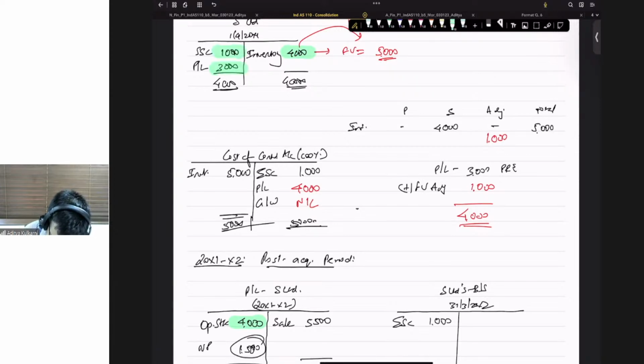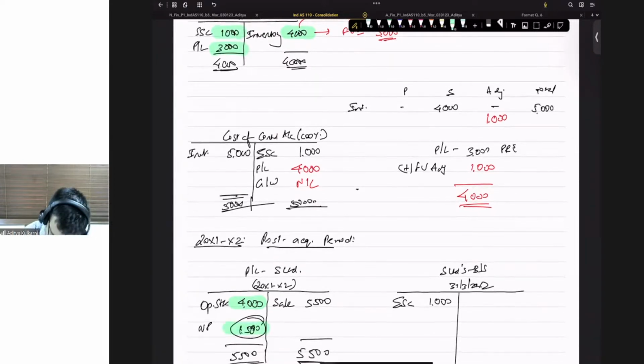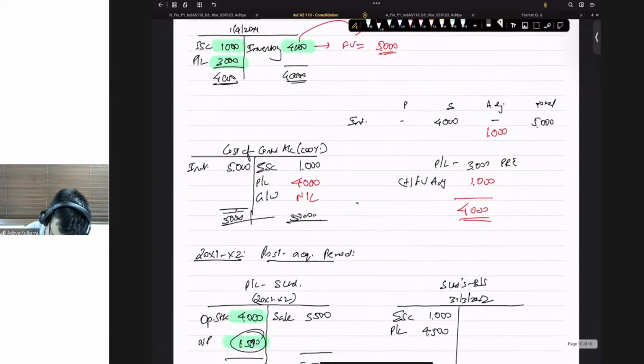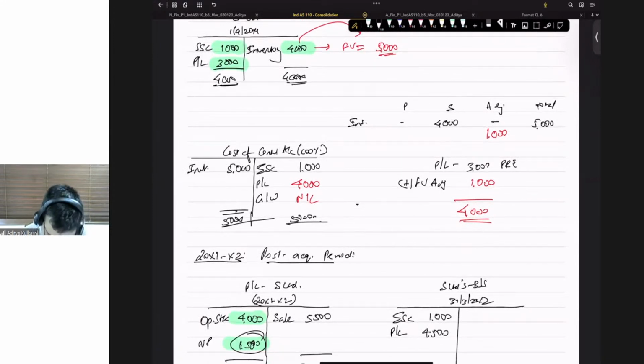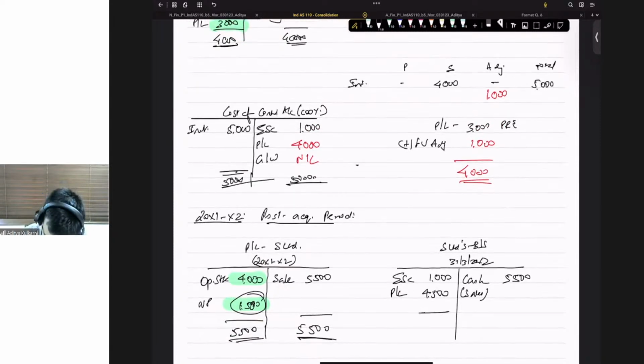From here, P&L 3,000 plus 1,500, so P&L 4,500. Inventory is gone. In its place, you will have cash of 5,500, which is basically the sales.